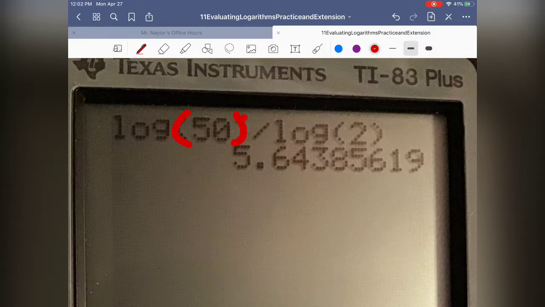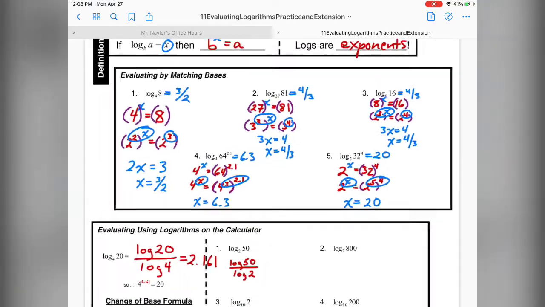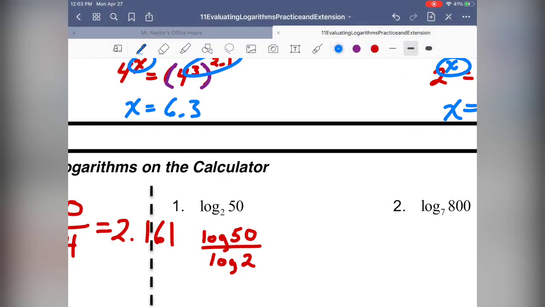That way you're doing the log of 50 and then you divide by the log of 2. So be very careful that you put both these parentheses in so that you're actually dividing the entire logs. And look, you should get 5.644. So that would be the value of this log, and it would also be the exponent.